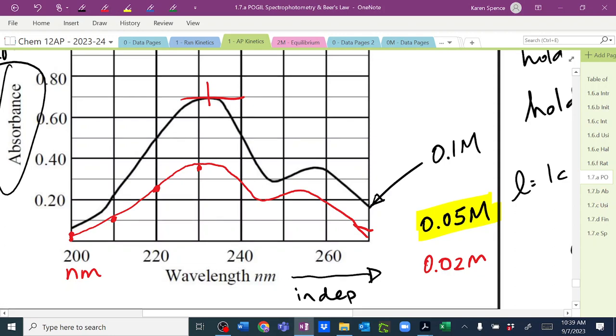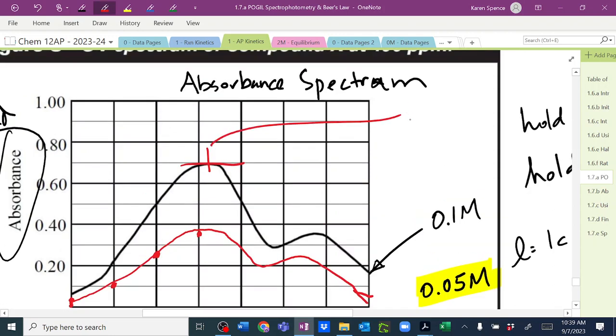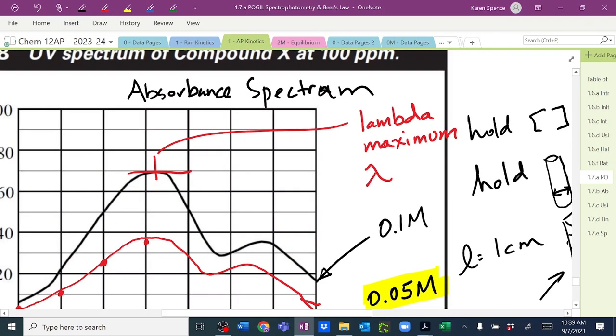We actually call this wavelength lambda maximum. And you can write it as lambda. Do you guys know how to write a lambda? You're good with that? Okay, lambda max. And that is the wavelength you want to choose when you do any of your other experiments with it.